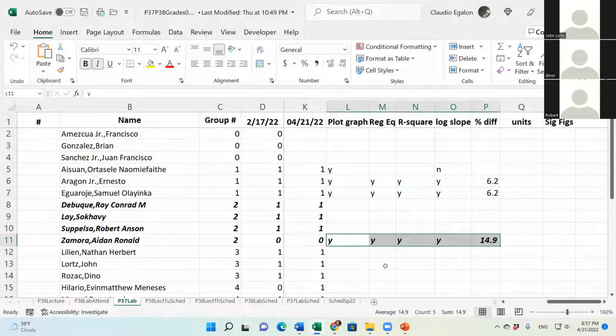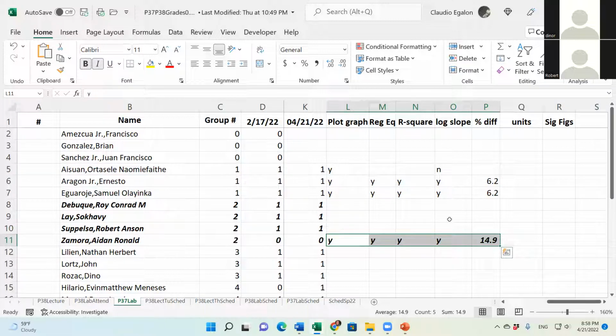Okay, good. If you want to go, you finish the units, the sig figs. What about Sokavi? Done as well? Okay. Robert Stupelsa? Okay, group 2 is done.